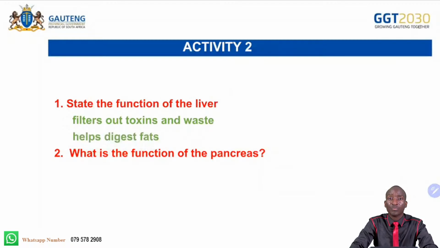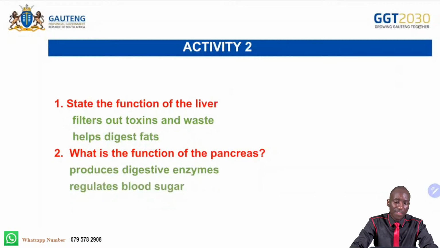Number two, what's the function of the pancreas? It produces digestive enzymes. Remember that these enzymes are the ones which are needed in the chemical process of digestion. Then also the pancreas regulates blood sugar.